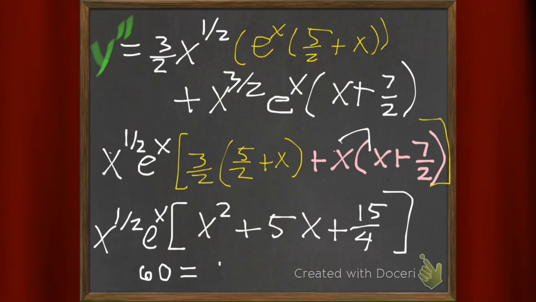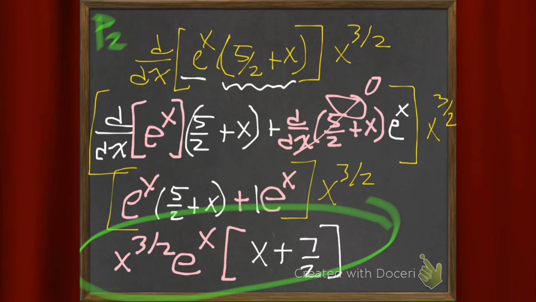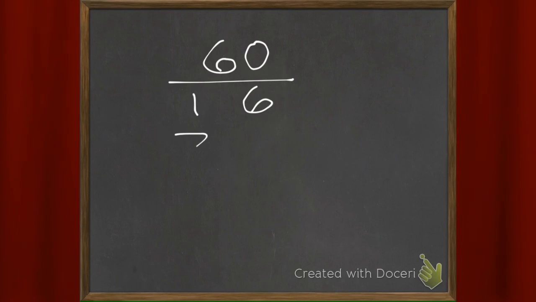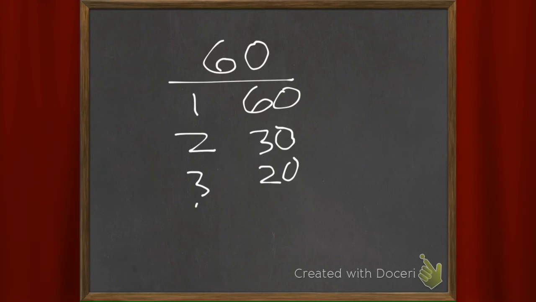1, 2, 3. It'd be a lot easier if I could get a little help. Factors of 60. That's 1 and 60, 2 and 30, 3 and 20. Math is not a spectator sport, people. I need you to get in there and get dirty.